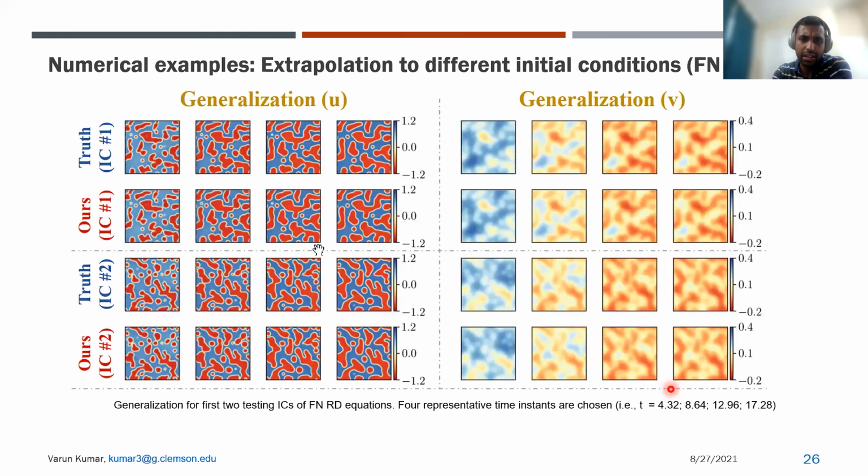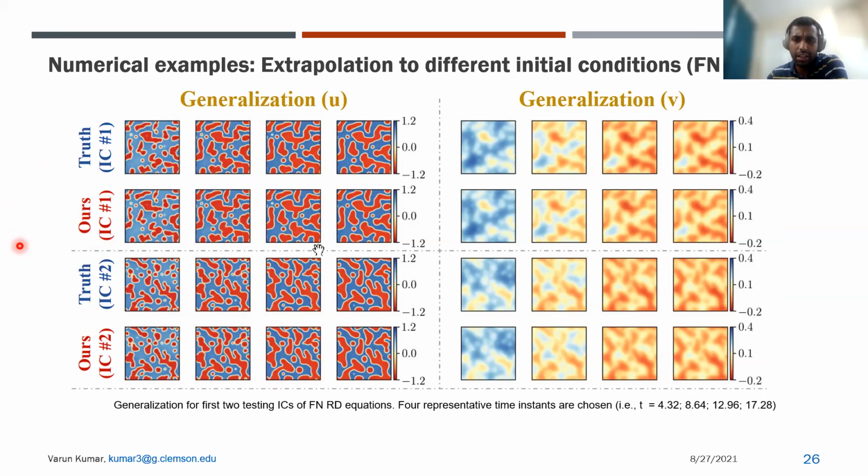The results here compare the ground truth against the results from PhyCRNet, and they're showing the results at time steps of 4 seconds, 8 seconds, 12 seconds, and 17 seconds. The first row is the ground truth for initial condition 1, and the results from PhyCRNet for initial condition 1 are shown in the second row.